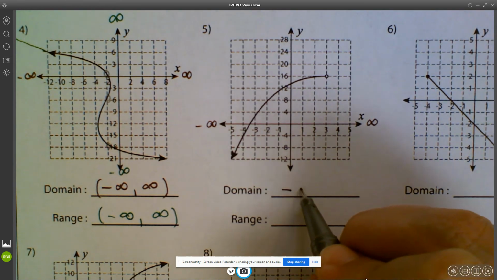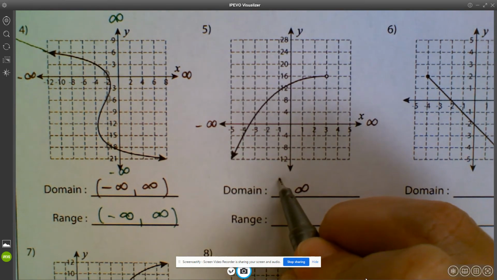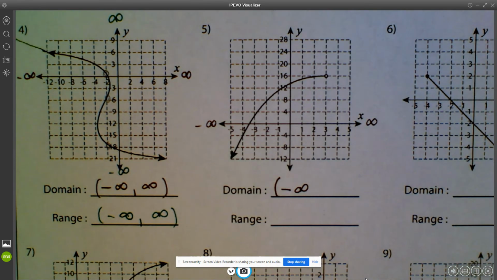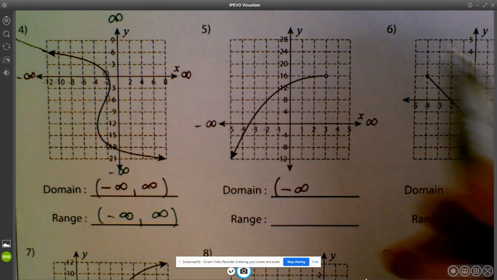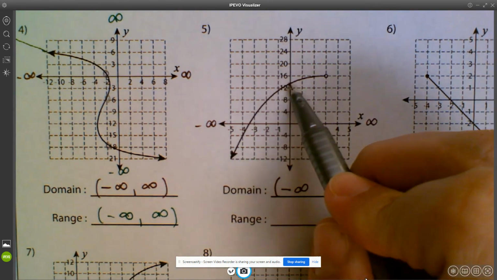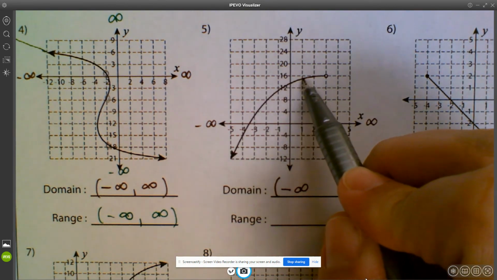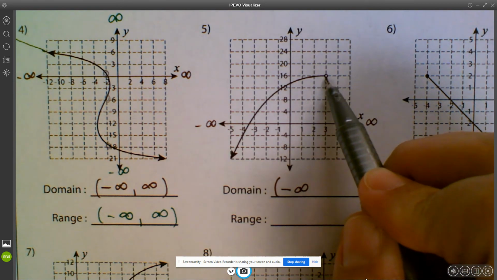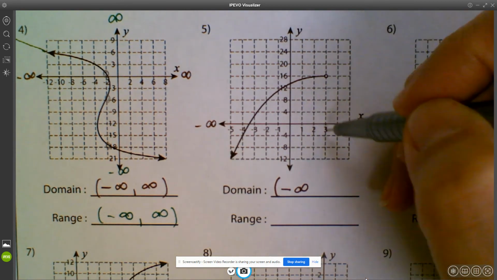So it looks like it's going to negative infinity. We never touch infinity. It's an open circle. Well, so we have a parenthesis. How far to the right do we go? Well, here's where x equals 0, x equals 1, x equals 2, x equals 3. We stop right here.